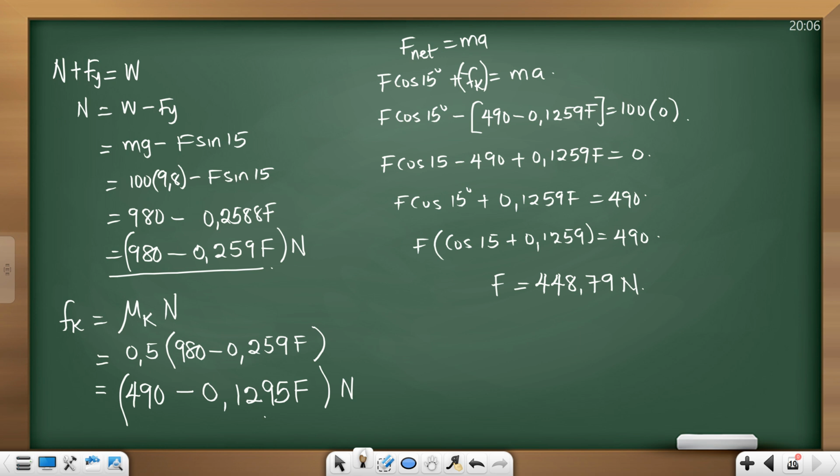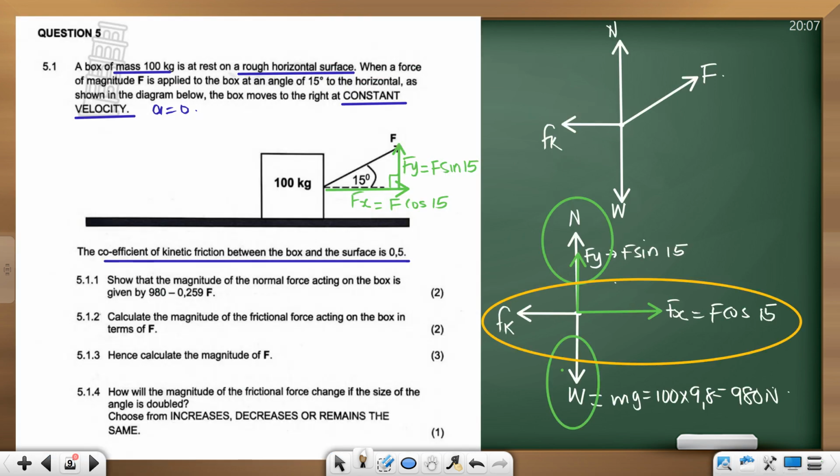So guys, you would notice the principles don't change. They just remain the way that I taught you. Free body diagram, analyze, and you are good. Let's see what's next. How will the magnitude of the frictional force change if the size of the angle is doubled?